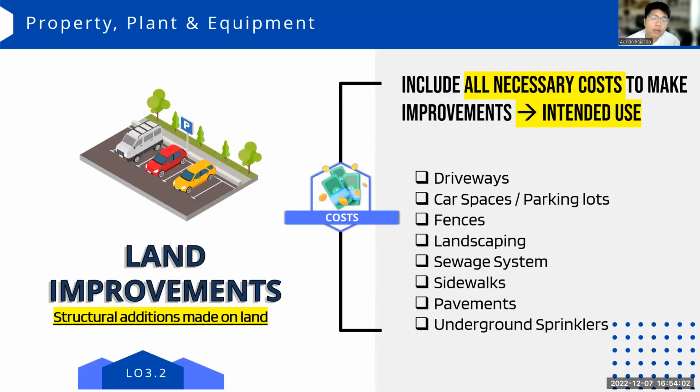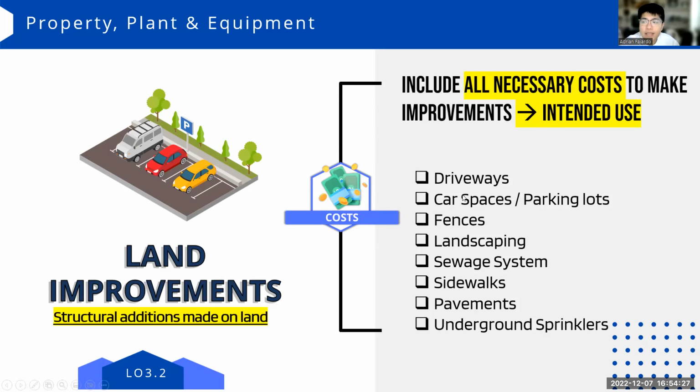Now, going on to the second type, we have land improvements. This is what people get confused between land and land improvements. The difference is that with land improvements, you have structural additions on top of the land. So, basically, you have to include all necessary costs to make the improvements for intended use.